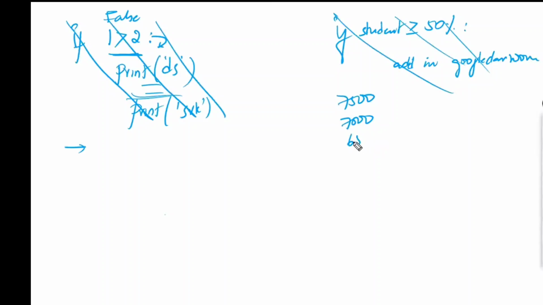Paid 6,500, ignore. Paid only 6,000, ignore. Paid 5,000, ignore. Whatever the course fees is, within that, did they pay 50% or not? Paid students will be added in the Google Classroom. Not paid means, whatever the amount, forget it. The condition is satisfied, yes or no. Only 2 options: true or false.